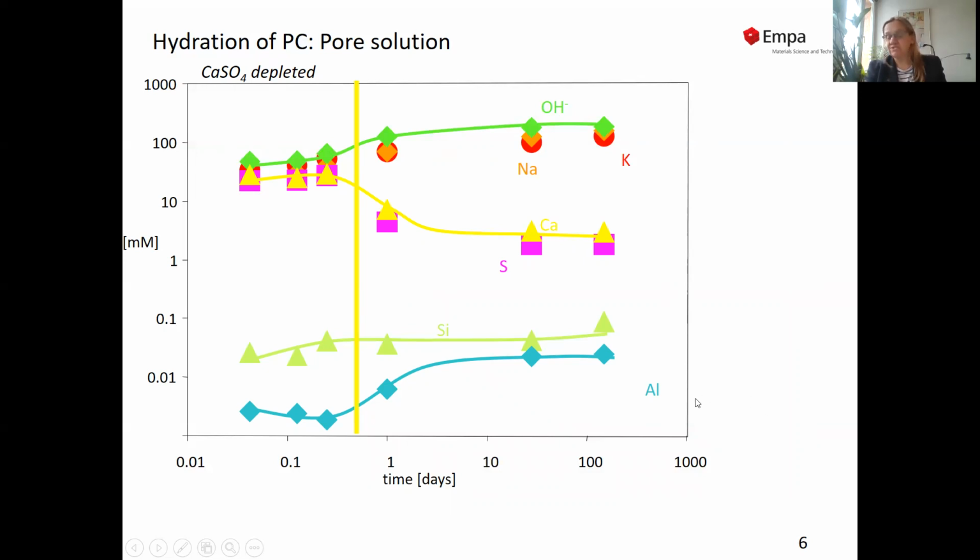Silicon and aluminium, which are other main oxides in the cement, are always present in very low concentration in the pore solution. These changes in the pore solution also illustrate the processes, the dissolution and the precipitation reaction occurring during the hydration of a cement.